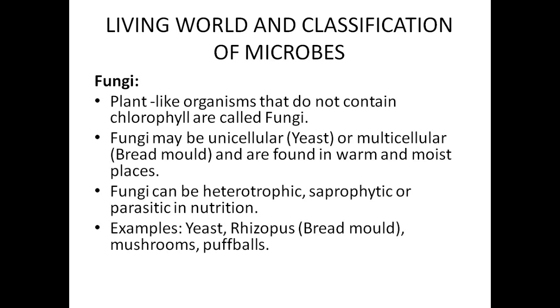Lastly, I have given you a few examples of fungi: yeast and rhizopus. Rhizopus is seen on bread. Some fungi can be seen with the naked eyes also, not properly, but as a very thin layer. Mushrooms and puffballs are a few more examples of fungi.